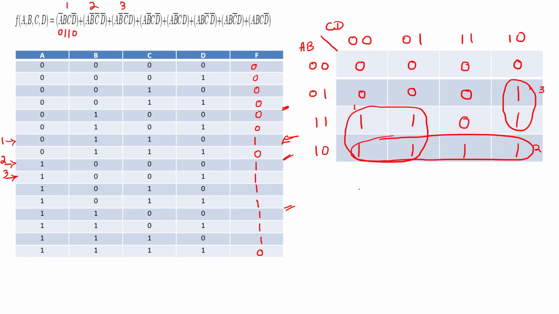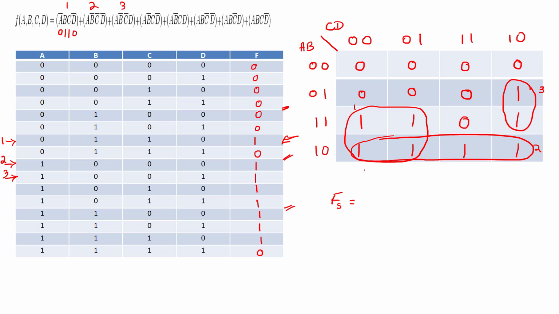Next, I am ready to write my expression f, and I will call it my simplified f, fs. Now I have to write one term for each of the groups, so I can clearly see I will have 3 terms in this simplified expression. When I am writing the expression, I need to follow some rules.